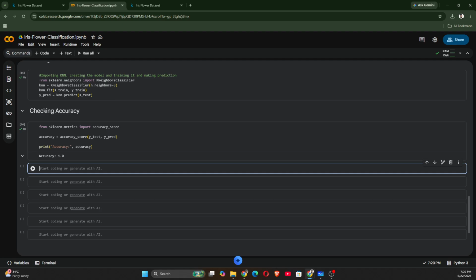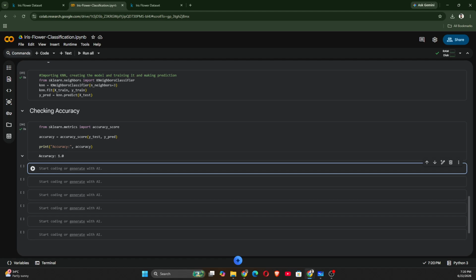Do you all know what a confusion matrix is? The confusion matrix tells us exactly where the model is making mistakes. I was asked this in an interview also, so you can be asked this too if you use this project in your CV. Here the accuracy is 100%, which means the model is not making mistakes, but still it is a very good practice to use a confusion matrix as part of the project.